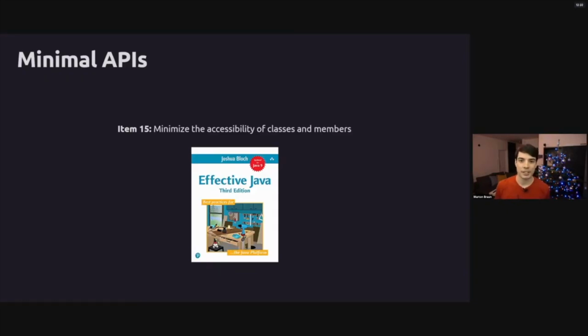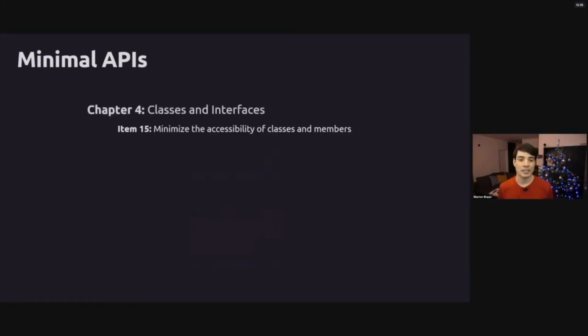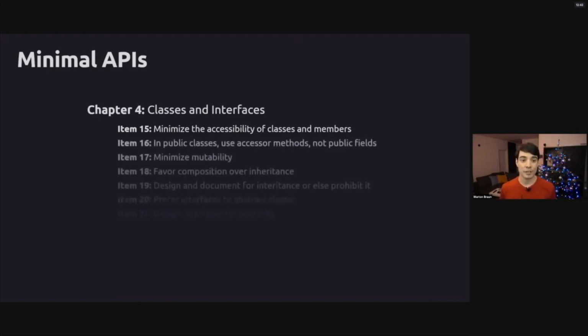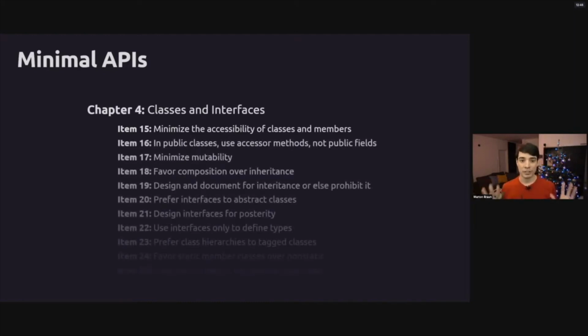But I just wanted to point out that this is some advice that has been around for a long while. It's in chapter 4 of Effective Java, which is titled Classes and Interfaces. And it's actually the very first item in that chapter. There's a lot of things in there, like minimizing mutability, using composition instead of inheritance, and so on. But still, this minimizing accessibility thing must be really important because it's the very first item within the chapter.